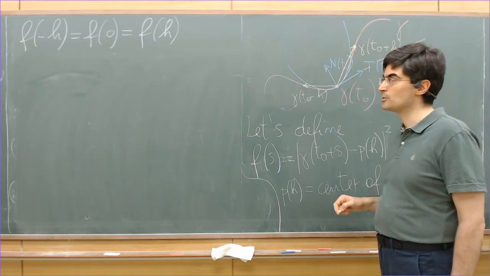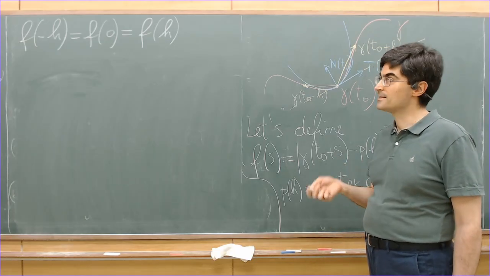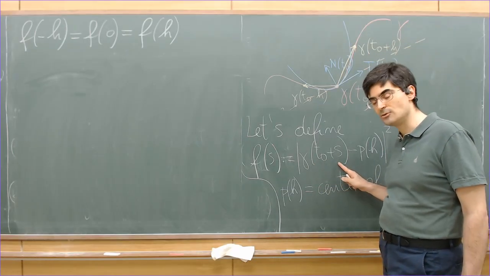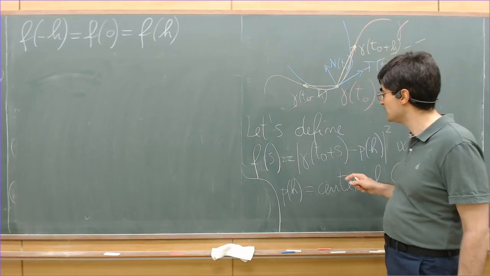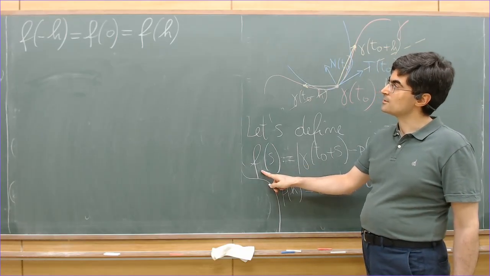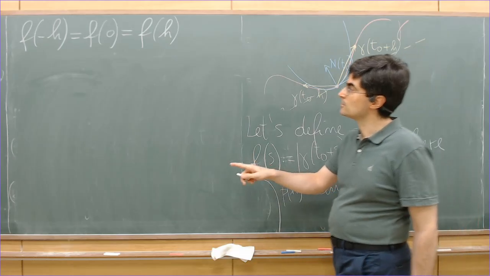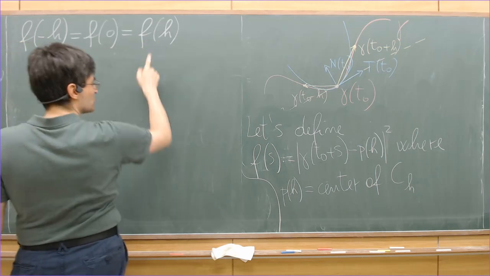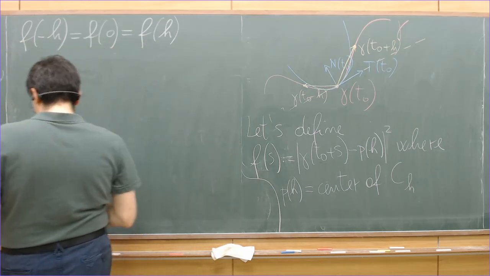But by construction, the circle passes through the points gamma t0 plus h and gamma t0 minus h. So this function takes the same value at these three values of the variable s.